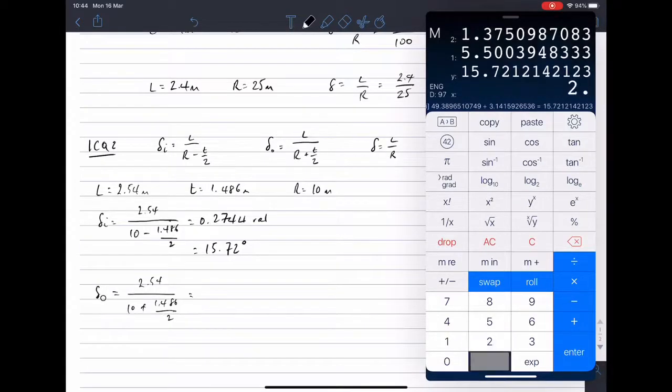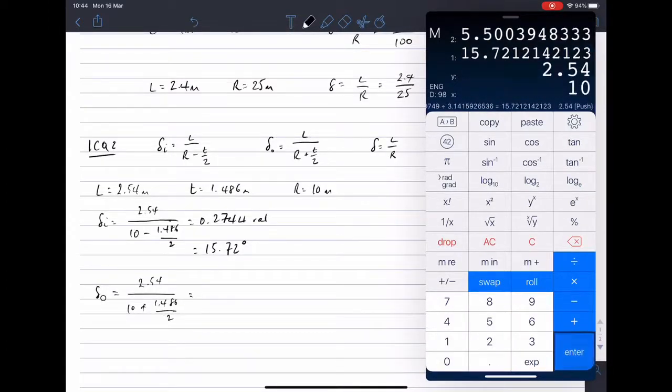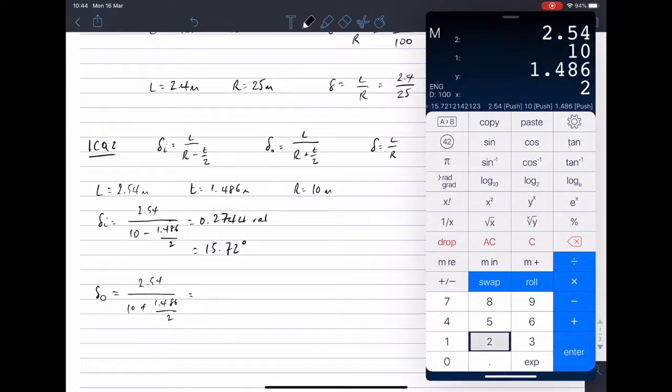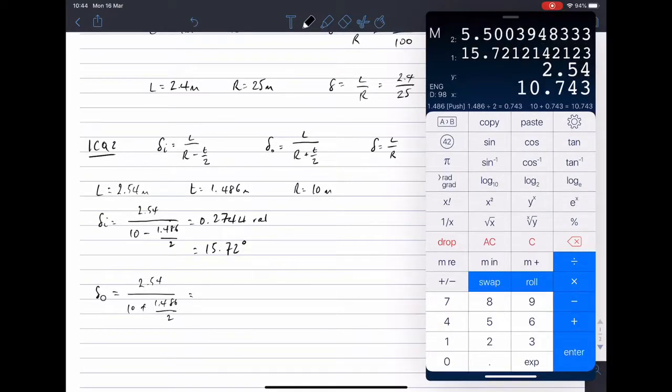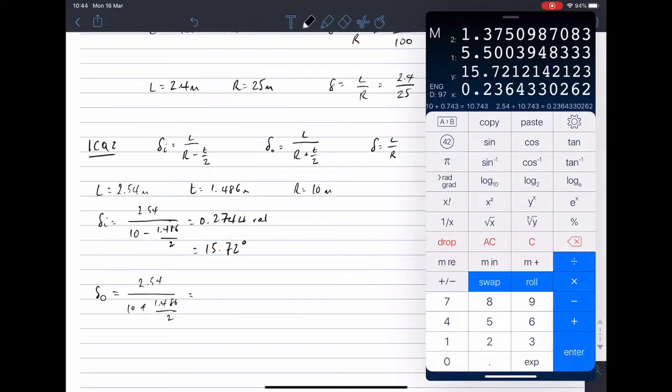We've got 2.54, 10, 1.486, 2 divided by plus, divided by, 0.2364 radians, which is 13.55 degrees. Okay, so there's our solutions in degrees, okay.